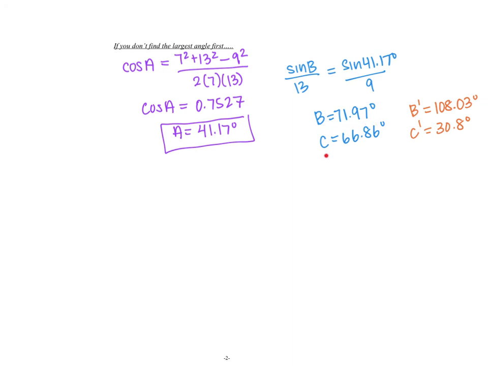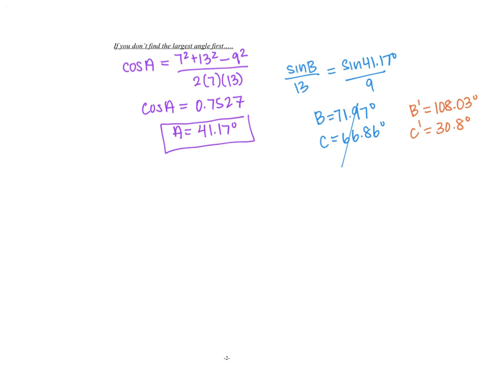For C, I got 66.86. This is the medium angle, so it should be opposite the medium side. But angle C is actually across from the smallest side. Because it fails the angle-side consistency check, it doesn't work, since it's not consistent with the sizes of the sides.